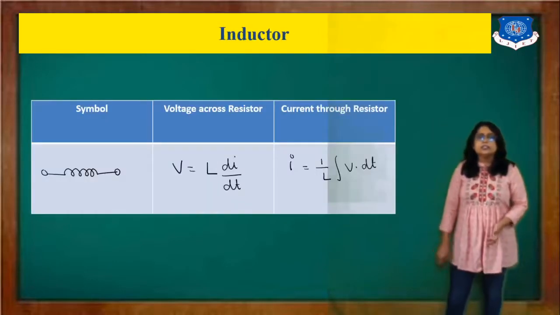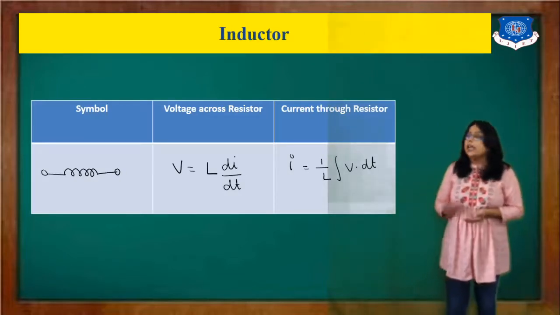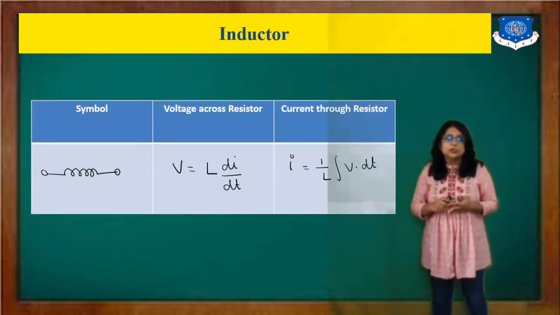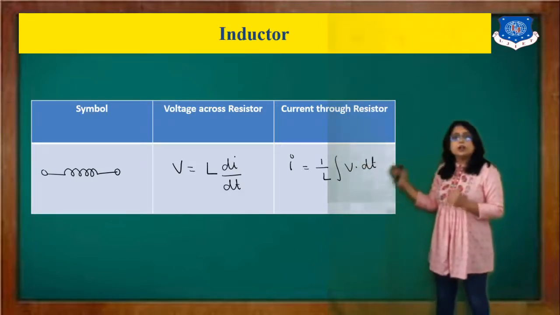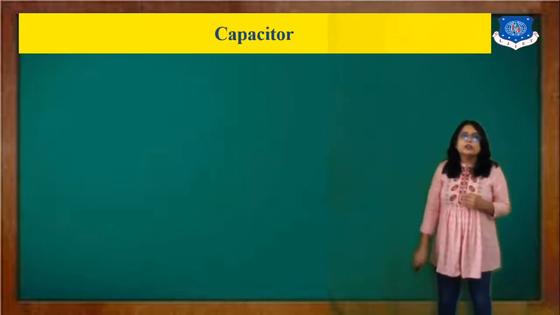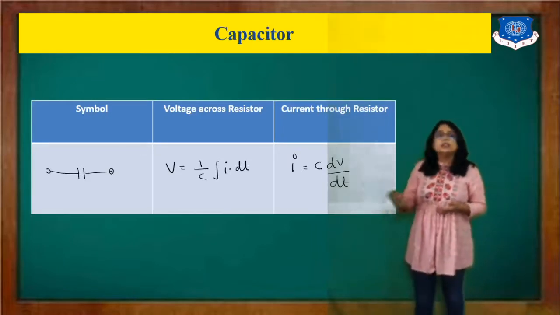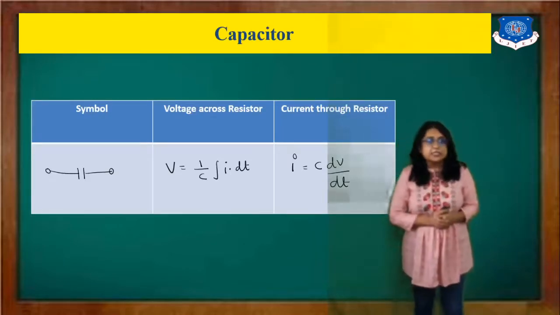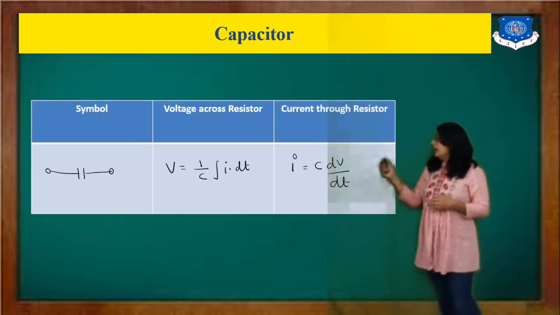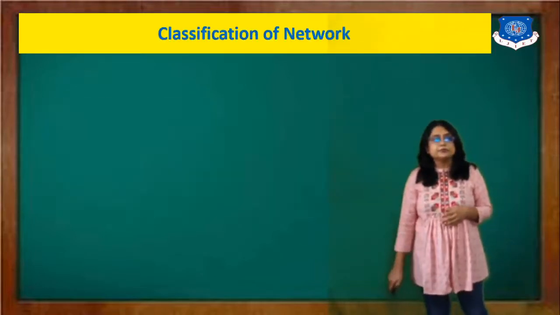For inductor, the equation is V equal to L di by dt, and I equal to 1 by L integration of V dt. All this you have studied earlier, right? Just a small revision. Now next is the capacitor. Symbol is like this. Then the voltage drop across capacitor is V equal to 1 by C integration of I dt, and I equal to C dV by dt.